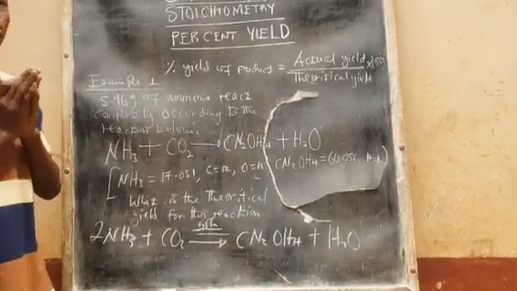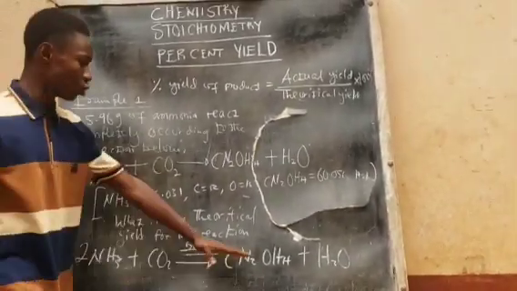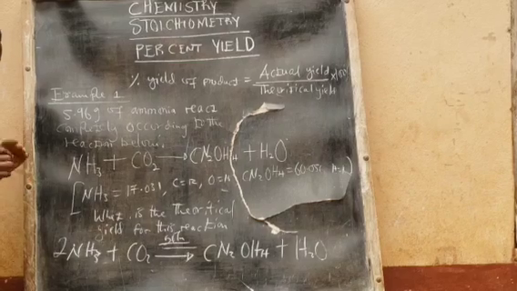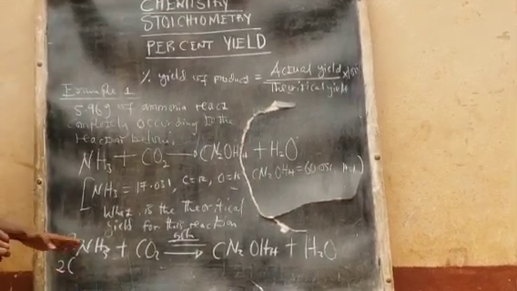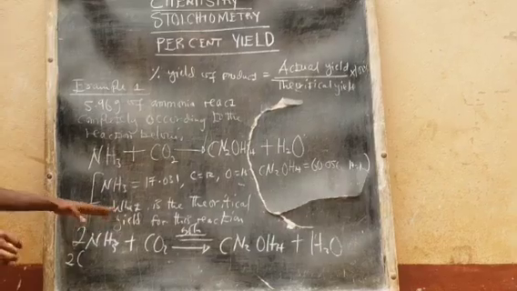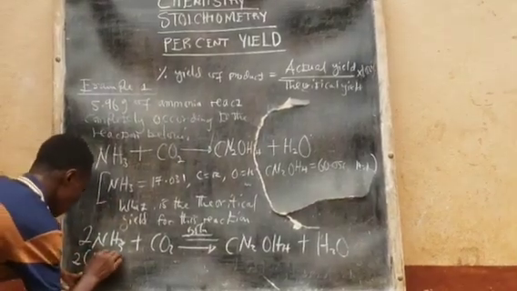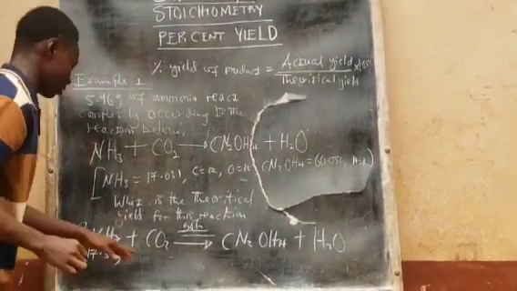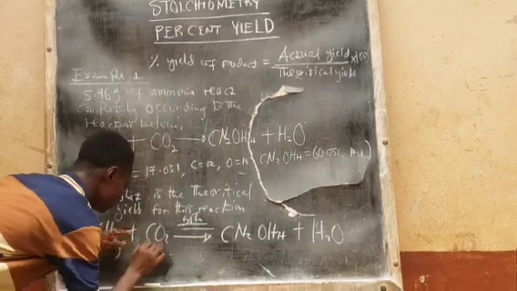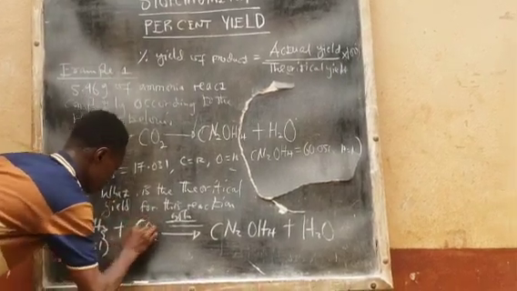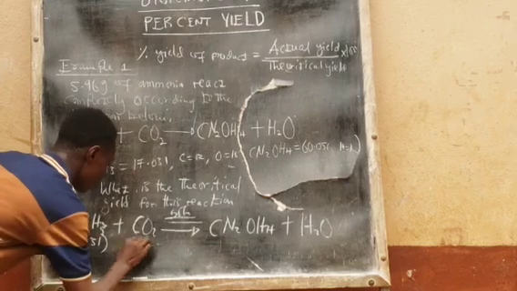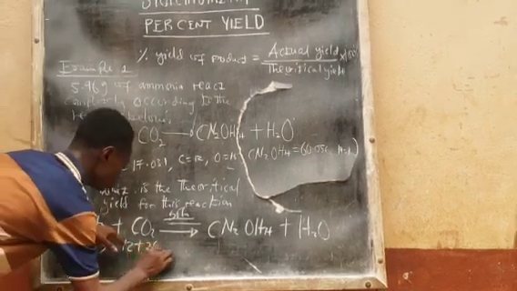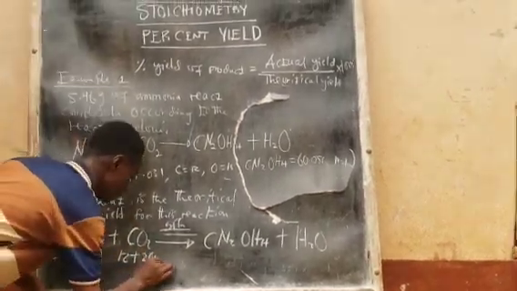The next thing we are going to do is find the reacting mass of each compound. In finding the reacting mass, I will say 2 multiplied by the molar mass of ammonia, which is 17.031. The molar mass for carbon is 12 plus 2 into the molar mass of oxygen, 16.